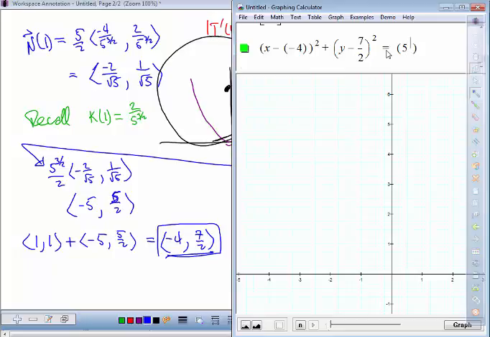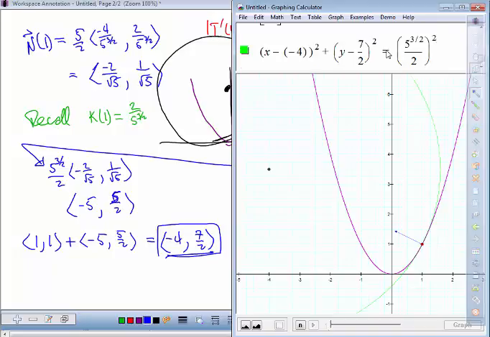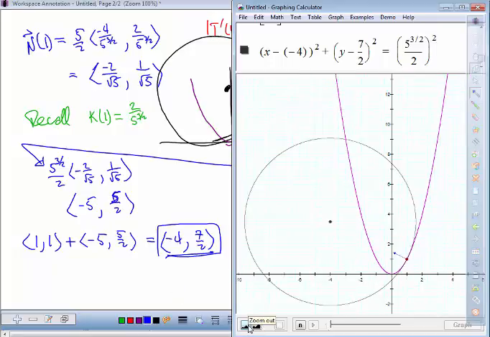Five raised to the 3/2 divided by 2. That's your radius, and then we want to square it as part of the circle. All right? That looks pretty tangent, doesn't it? Let's zoom out a little bit. There we go. Tangent circle.